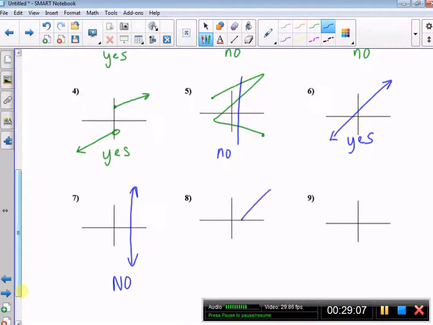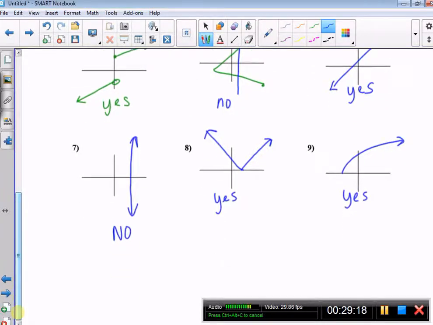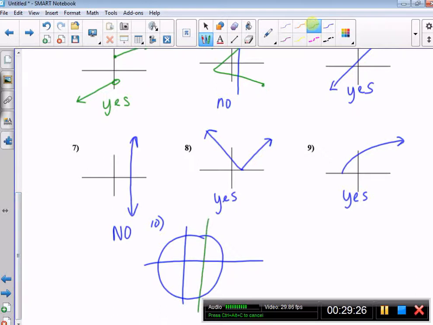If you take an absolute value graph, yes. And a square root graph, yes. And one more, if I just add on here a number 10 and put a circle in there, no, that is not going to pass the vertical line test.